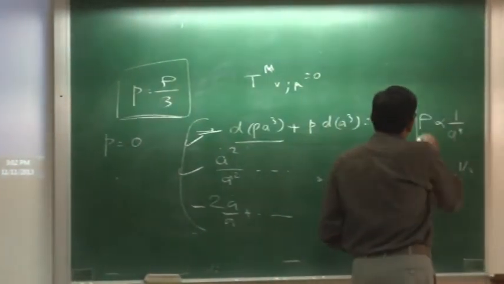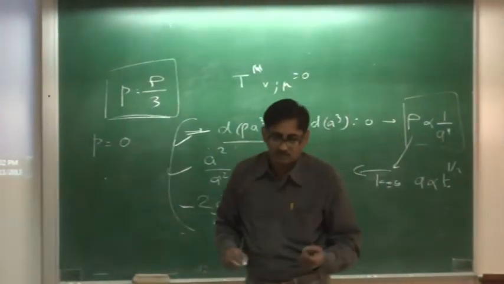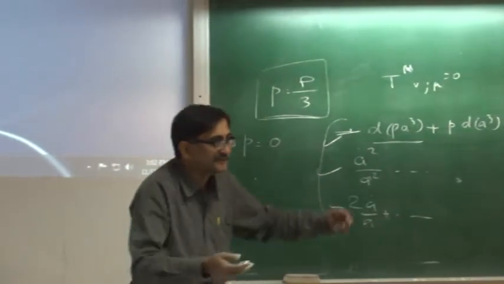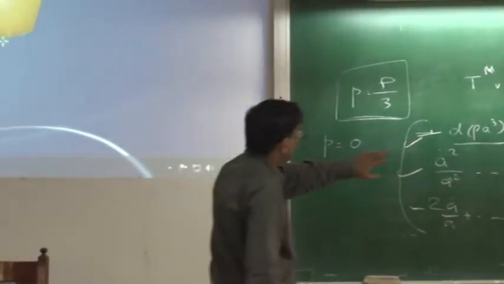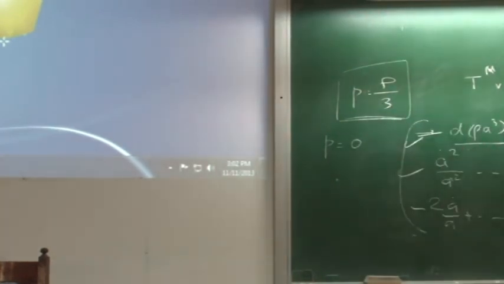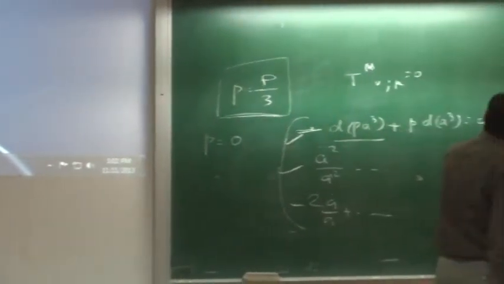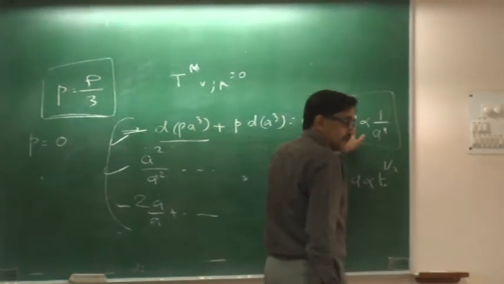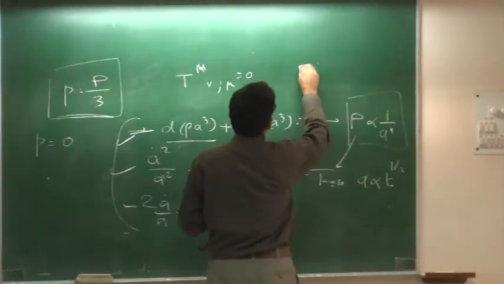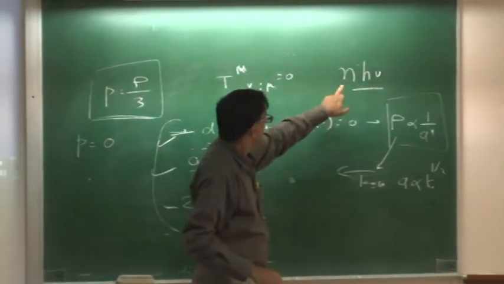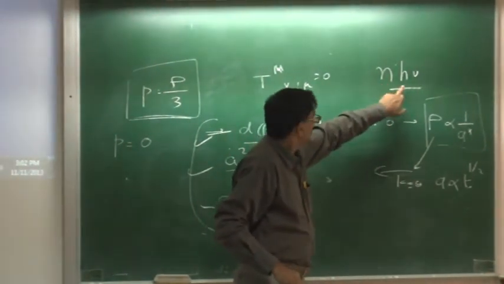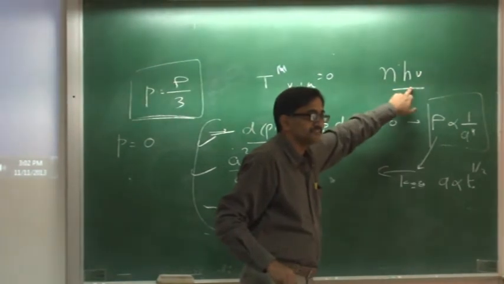Now here, about rho going as 1 by a to the 4, I'm sorry if I'm repeating something which you told in earlier classes, as I do not exactly know what was done. See, one can look at it this way: this rho is like the number density into hν, that is, the number density of photons into the energy hν of the photon, so it's the total energy density.